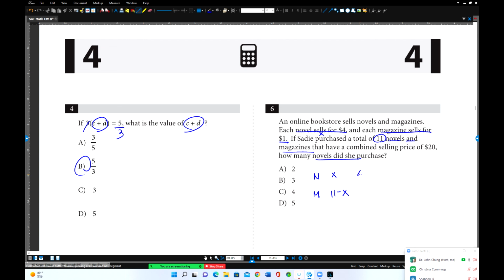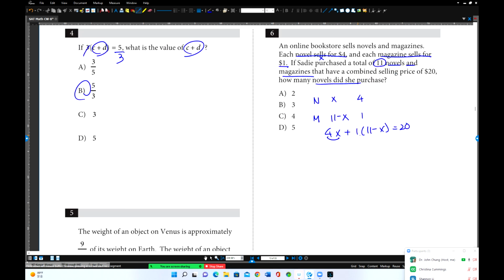This is $4, this is $1 times. So 4x plus 1 times 11 minus x. That total amount equals 20, right? You have to solve it this way. So 4x minus x is 3x. 11 minus 11 on both sides equals 9. X equals 3, okay? That's the answer.